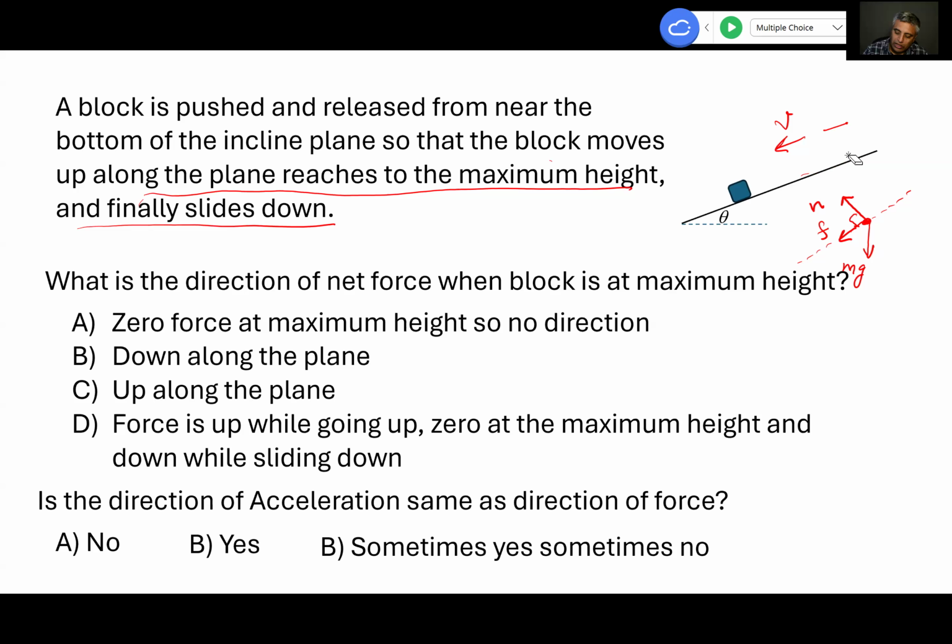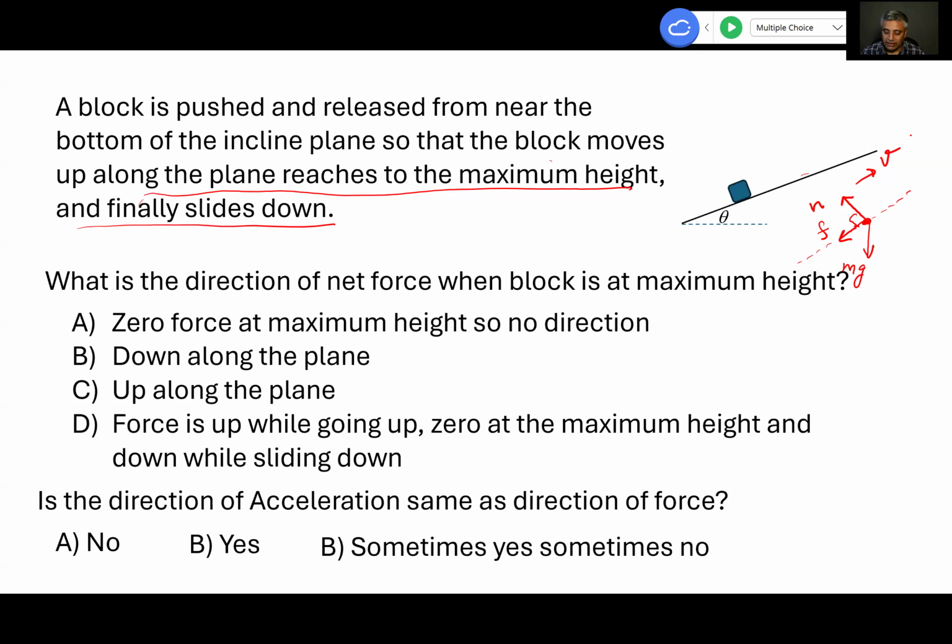So normal force, friction force, and what other contact force do we need to think about? Is there tension here? No string attached, no tension force. And how about applied force? Is someone still pushing or pulling this thingy? We don't see anything in contact with this, so no. So these are the forces when the object is going up, for example.